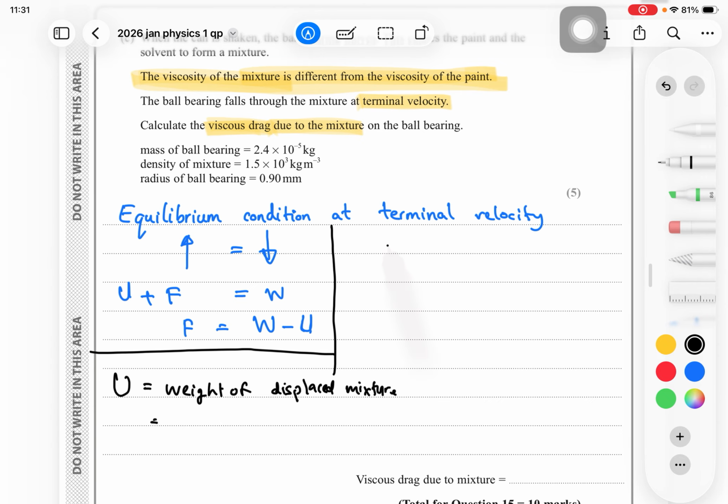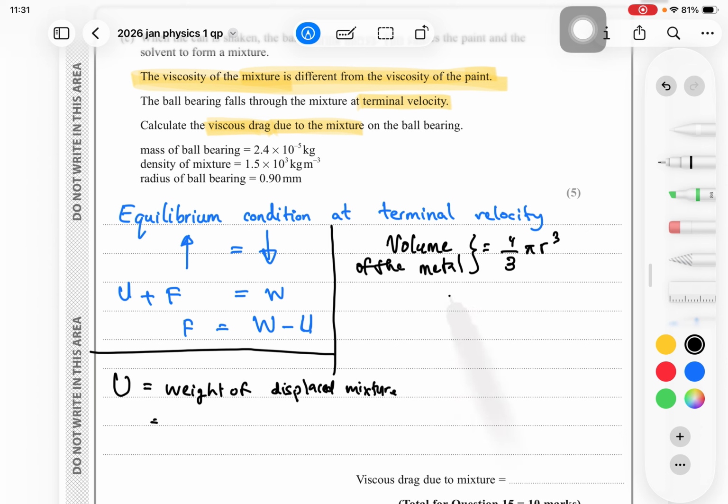So I'll go one by one. The volume of the bearing, which is the metal, since it's a sphere, we have to use the volume equation as 4 divided by 3 pi r cubed.